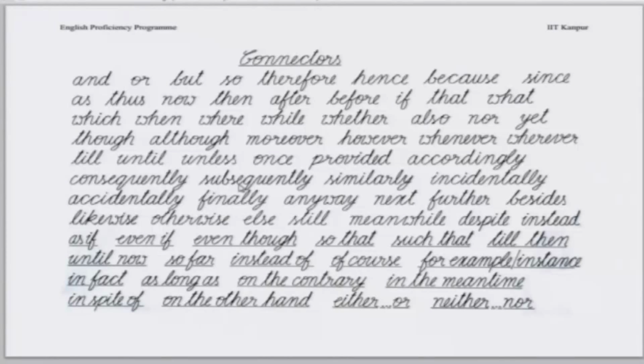Consequently, subsequently, similarly, incidentally. Consequently and subsequently. What is the difference? Consequence is result. Subsequent is what happens after, in time. This follows a sequence of time. This follows a sequence of causality. Fine. Accidentally, finally, anyway, next, further, besides.